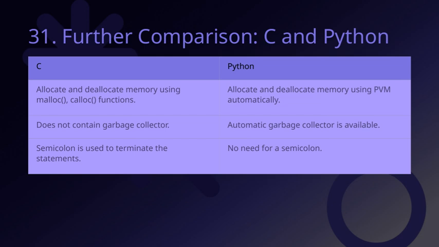Another key difference is garbage collection. C doesn't have a garbage collector, so you need to handle all memory cleanup manually. Python, however, includes an automatic garbage collector, which helps free up memory that's no longer in use without any extra effort on your part. Finally, syntax-wise, C requires a semicolon at the end of each statement, which is a strict syntax rule.